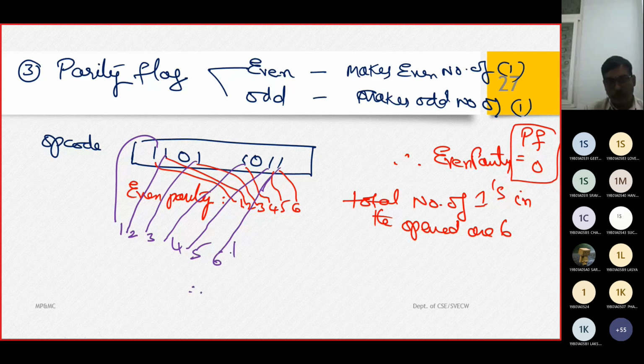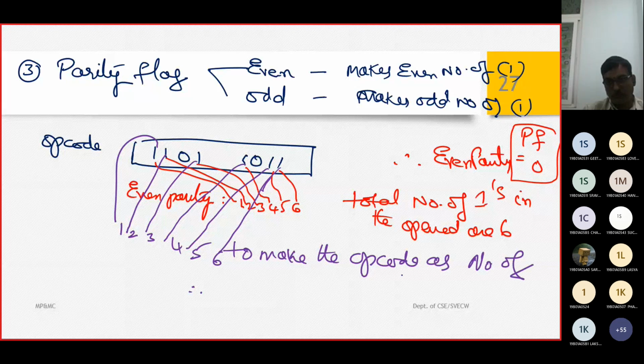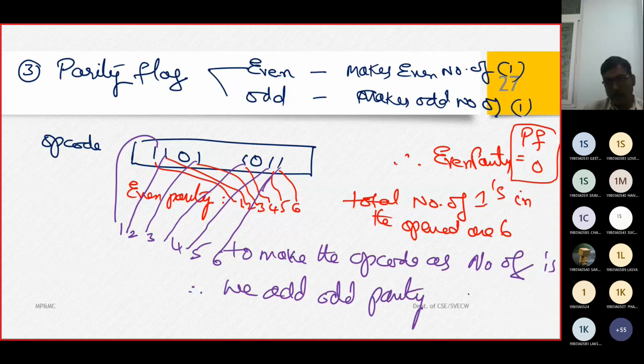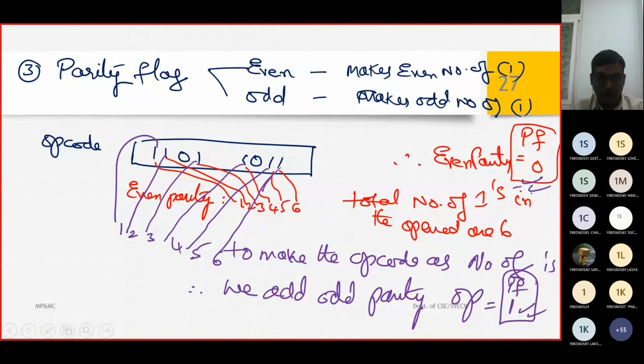Therefore, to make the opcode have an odd number of ones, we add odd parity. At that time, odd parity is equal to 1. That is, the parity flag is going to be set as 1. So this is a clear-cut understanding.